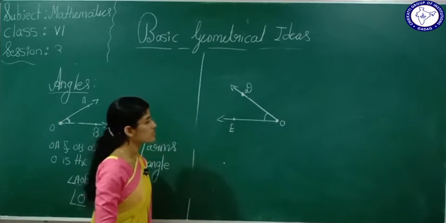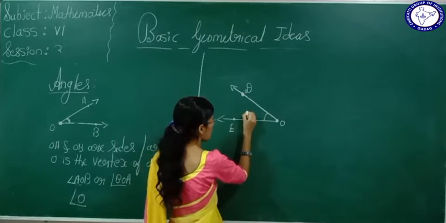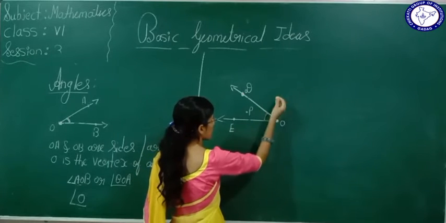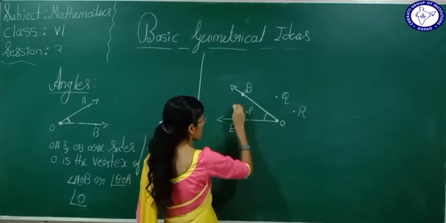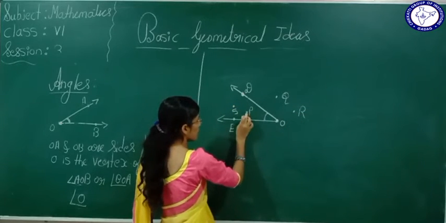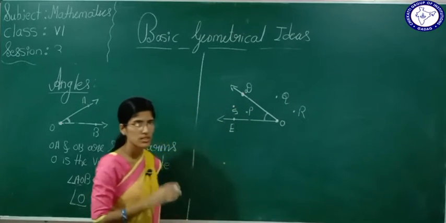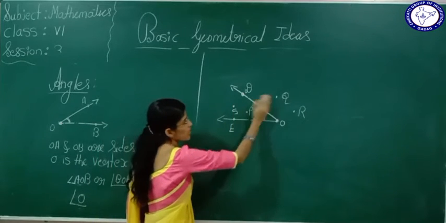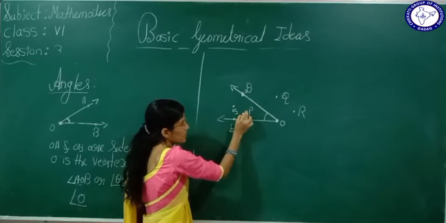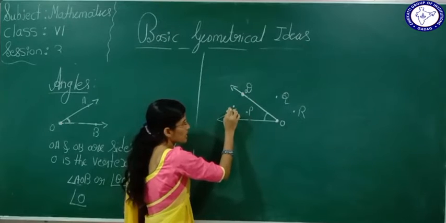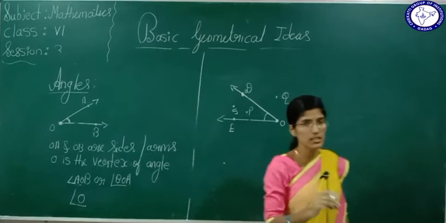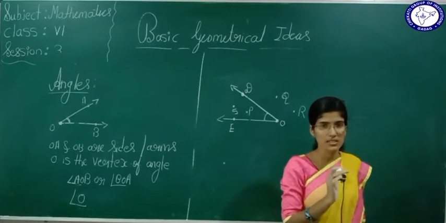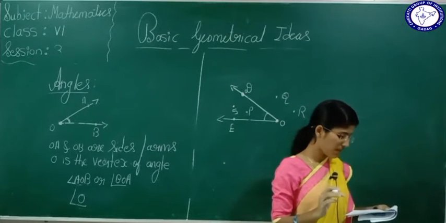Okay. Now see here students, if I take here point P and here point Q, R and here S. Now tell me, where is point P? Is it inside this angle or outside? Definitely it's inside. Means point S and P are in the interior. Okay, they are inside. What can we tell here?